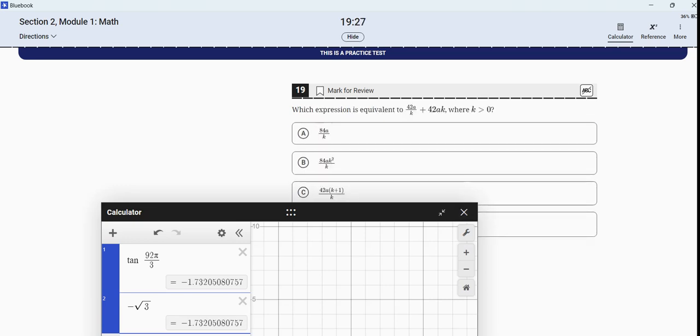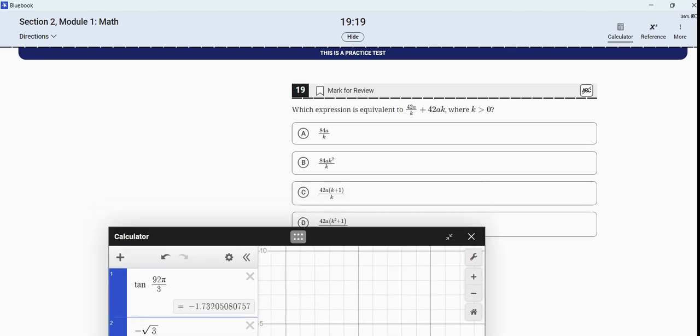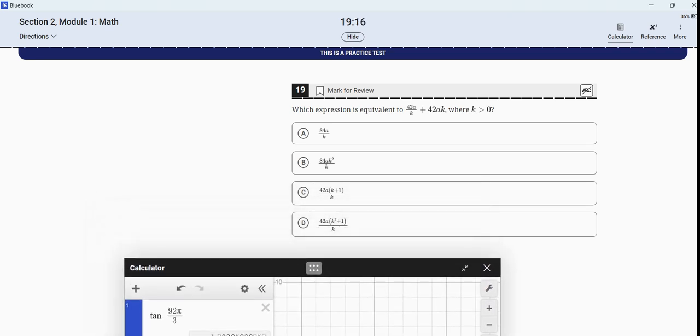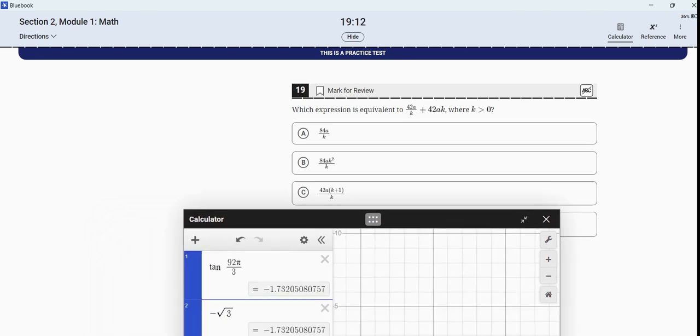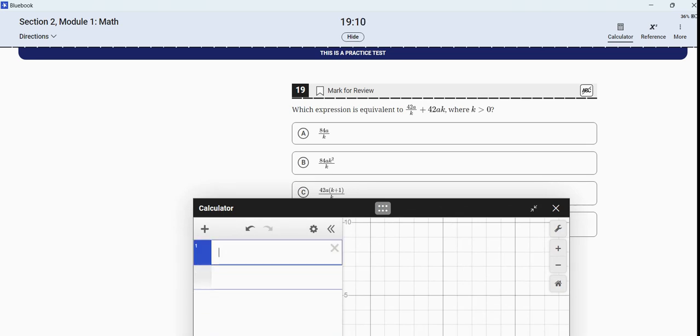Which expression is equivalent to 42a over k plus 42ak, where k is more than 0? So what we can do for this one is we can use decimals. 42a, just plug in the whole equation.